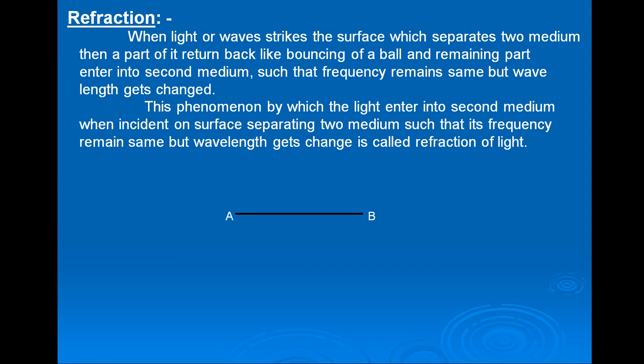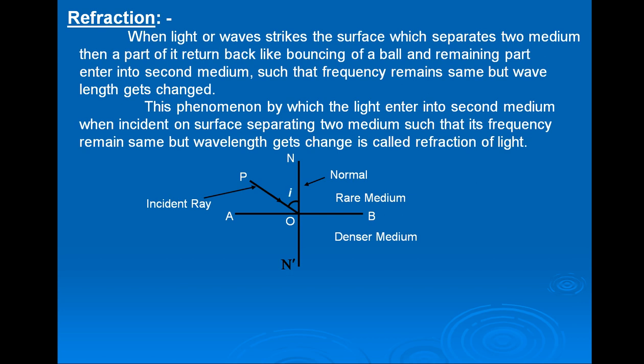Suppose AB is the surface separating two media, rare medium and denser medium, and suppose this is the normal N dash on the surface. Suppose from point P a light is incident on the surface. The incident ray is incident at point O, through which the normal is passing, and makes an angle I with the normal, the angle of incidence.